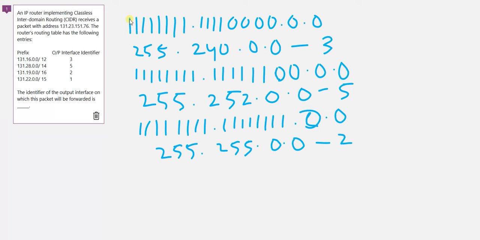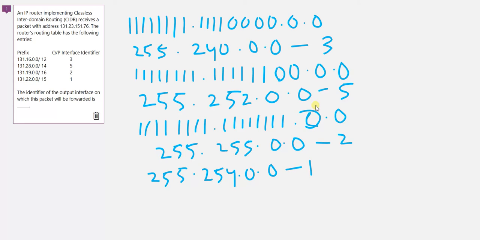For interface 1 there are 15 network ID bits, so the subnet mask is 255.254.0.0. Now we have found the subnet masks for all the interfaces.